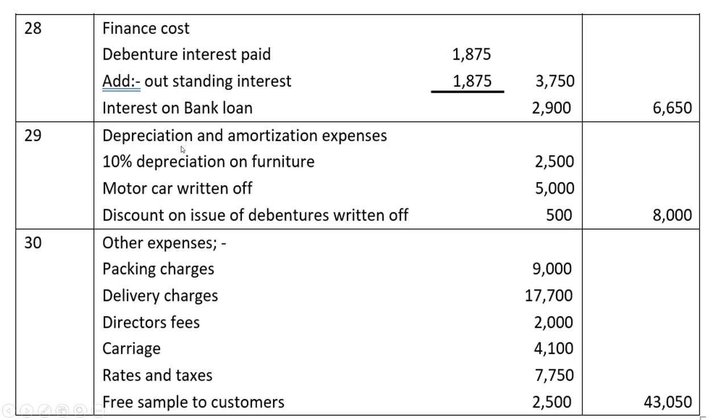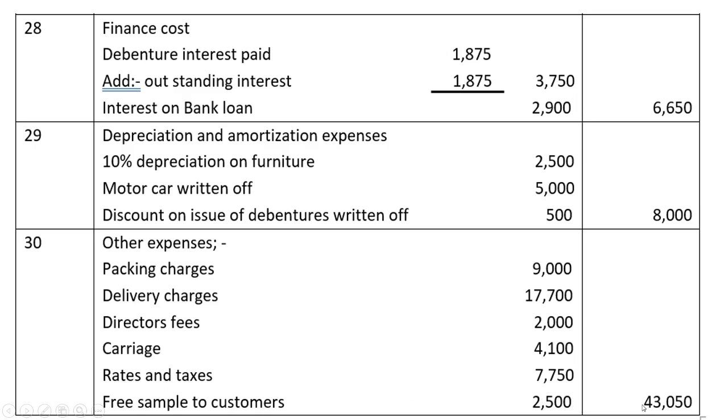Note number 29, depreciation and amortization expenses: 10% depreciation on furniture 2,500, that is 25,000 into 10%, motor car written off 5,000 as given in the problem, and discount on issue of debentures write off 500. Total is 8,000. Note number 30, other expenses: packing charges 9,000, delivery charges 17,700, director fees 2,000, carriage 4,100, rates and taxes 2,275, free sample to customers 2,500.